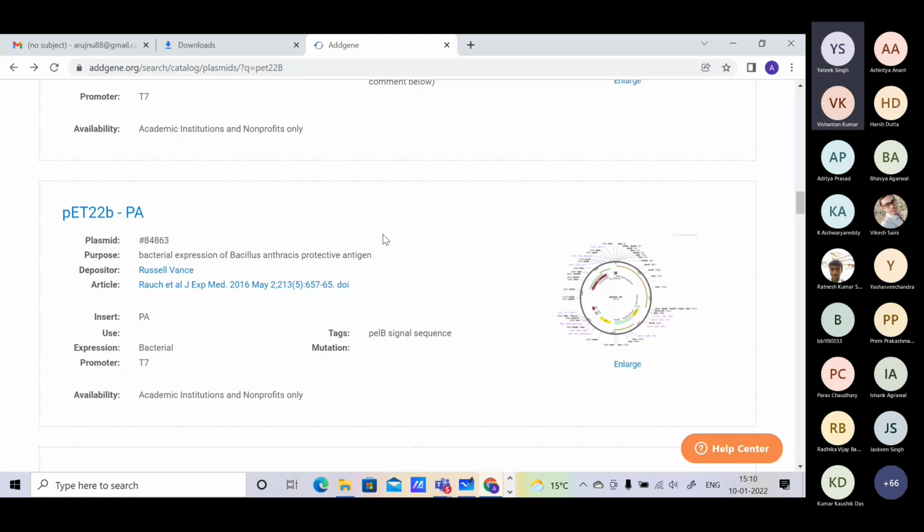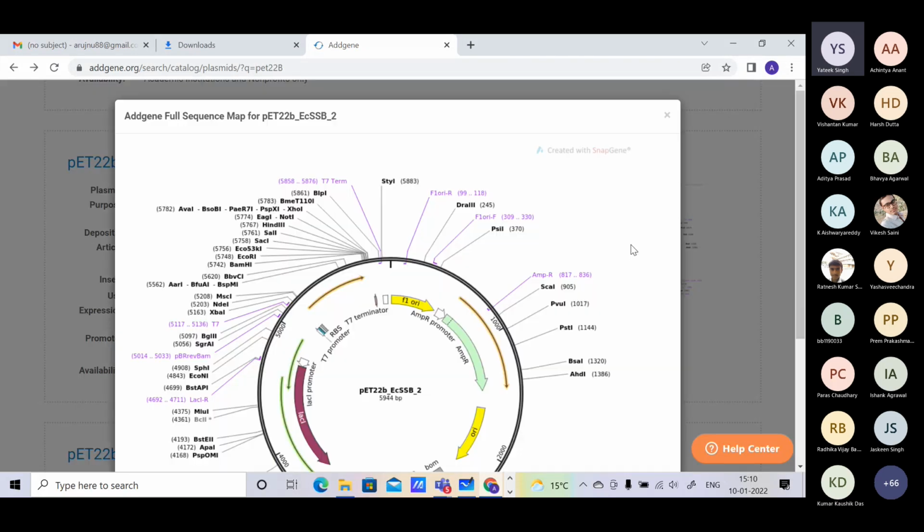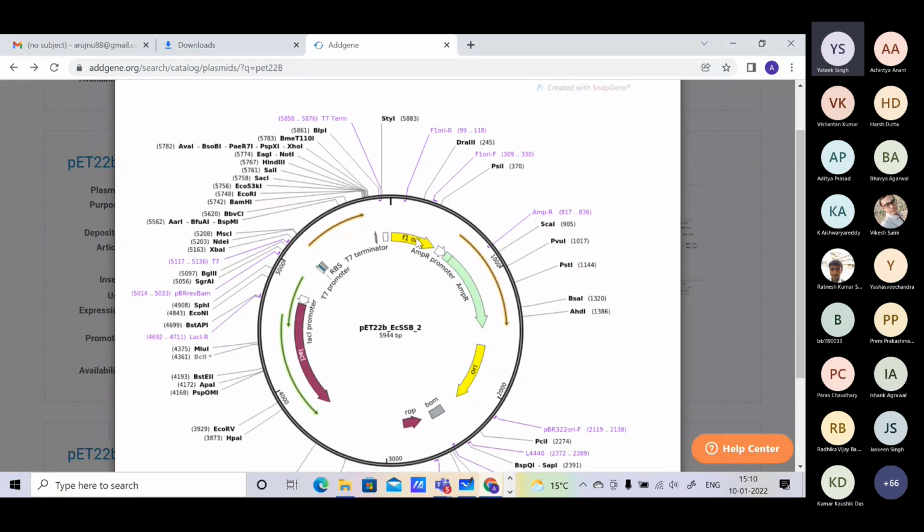I was asking that you asked us to mention the origin of replication. So what do we write in it? As in the sequence of the origin, or what do we have to mention there? Okay, now you open this file. You see there is one word written F1 ORI, and there is another ORI there.